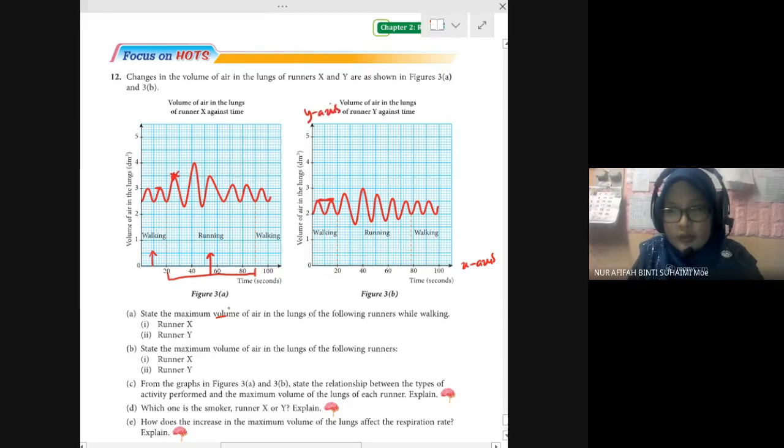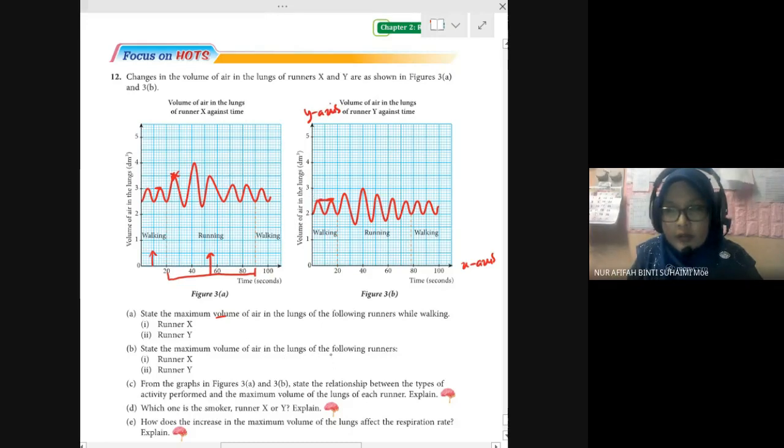Okay. Maximum volume. Maximum is the highest lah for runner X. For runner X, maximum is 3. This one, runner Y, maximum is 2.5. Look carefully at the scale.